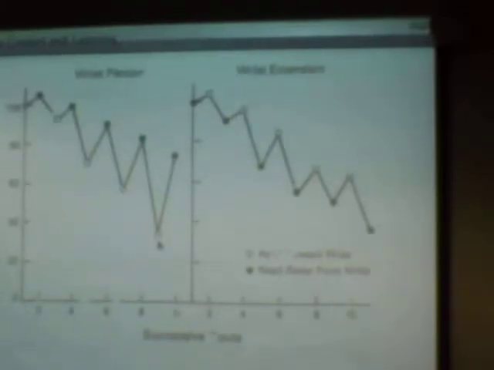All limbs flex. The baby curls up in a ball on the bed. That's the tonic labyrinth reflexes. And these can be a pain sometimes if they're obligate, if you can't get out of that pattern due to brain damage.